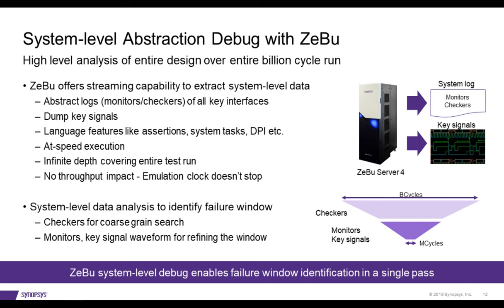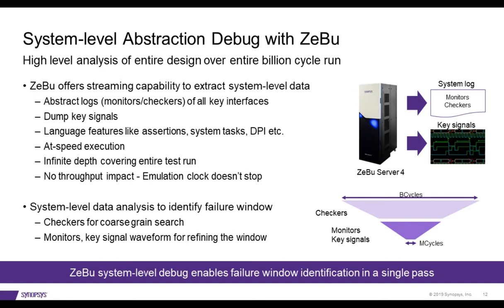And that allows you to go from billions of cycles of original runtime where the failure happened to a few million cycles where you have located the problem, that it is within these million cycles, and this allows you to go in-depth analysis and focus on that small segment.